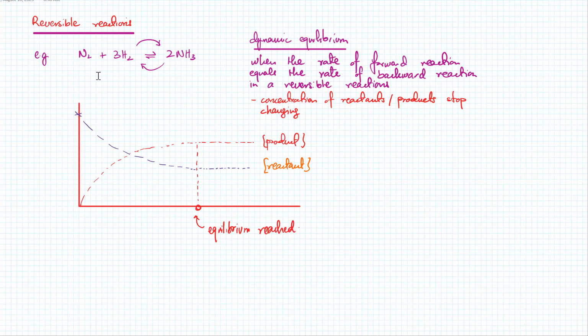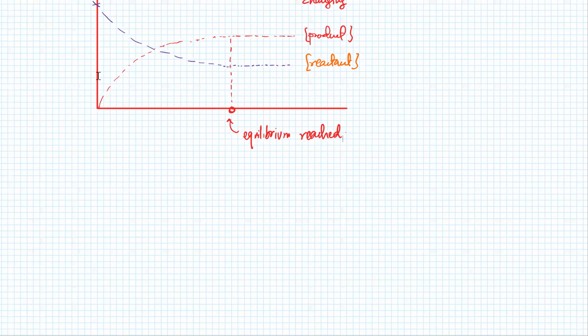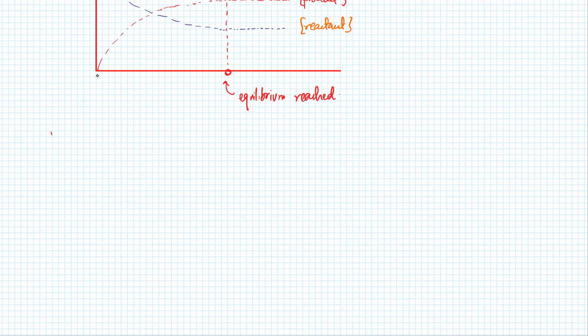But related to your dynamic equilibrium, there's a thing called Le Chatelier's principle. Again, this is O-level stuff. So what was Le Chatelier's principle?